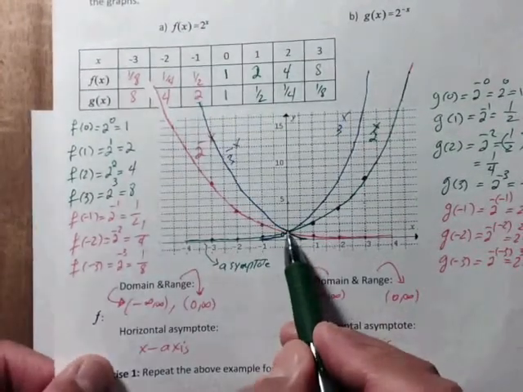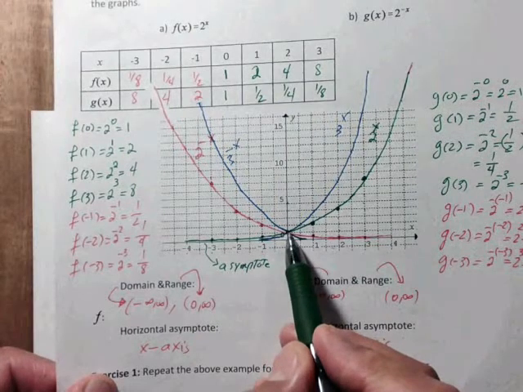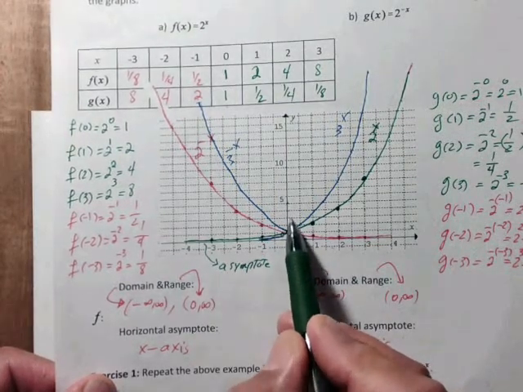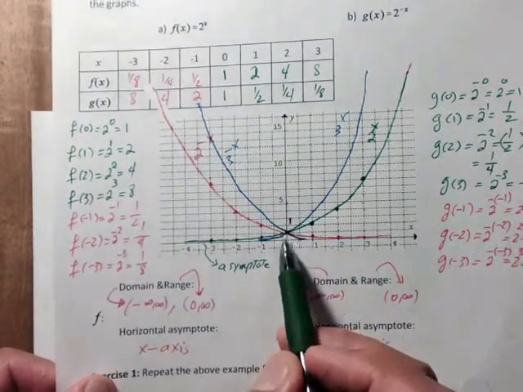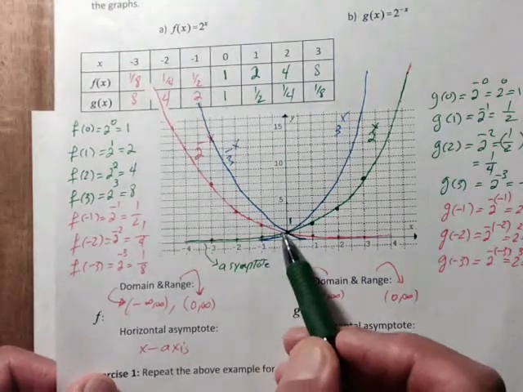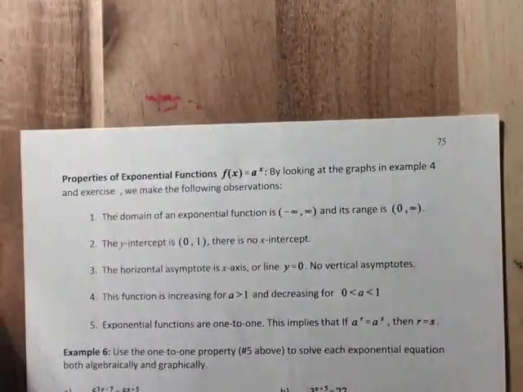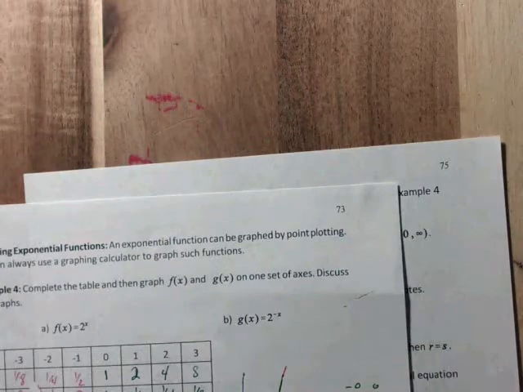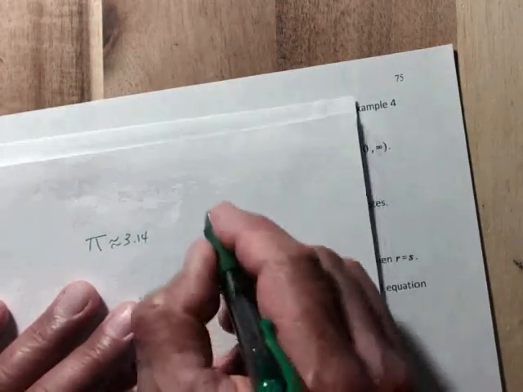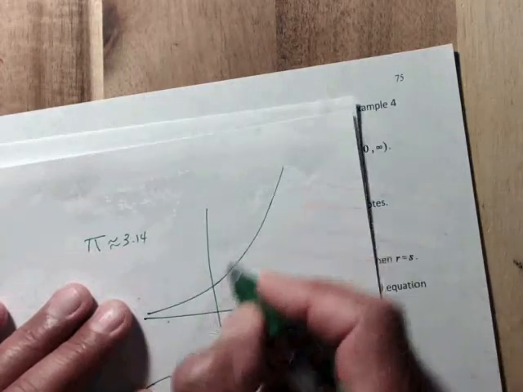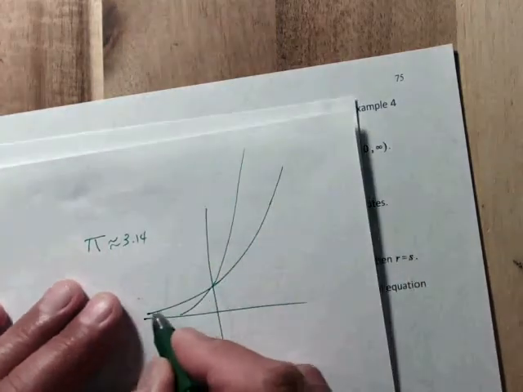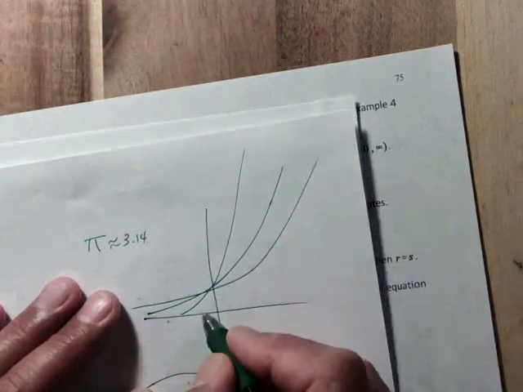The y-intercept is (0, 1). You see, all of them go through the same point here. This is the y-intercept, which is 1. So (0, 1) is the y-intercept. They all go to the same one. It doesn't matter how many I do. Let me see if I can do a couple more here, like 2 to the x, 3 to the x, 1.5 to the x, 4 to the x.